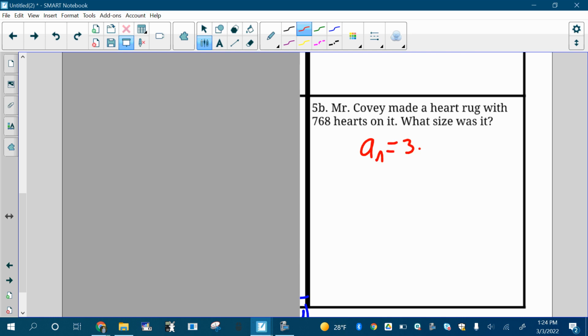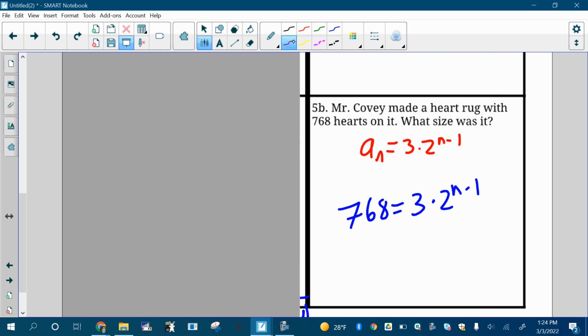So when we take our equation here, they're actually telling us a sub n. They're telling us there's 768 hearts, and they're asking us to find n. This equation is a little bit tricky to solve. This is going back to our exponentials and logs unit, but you guys can definitely do this.